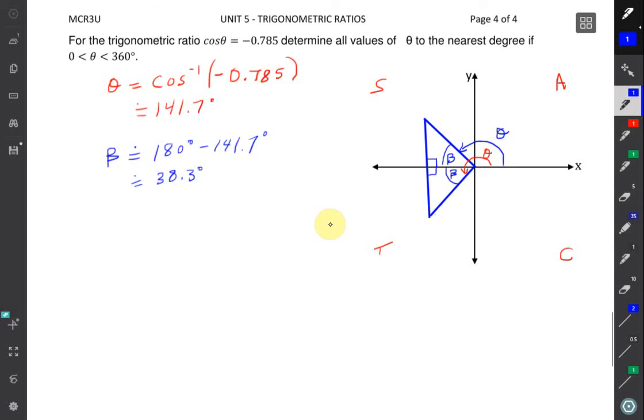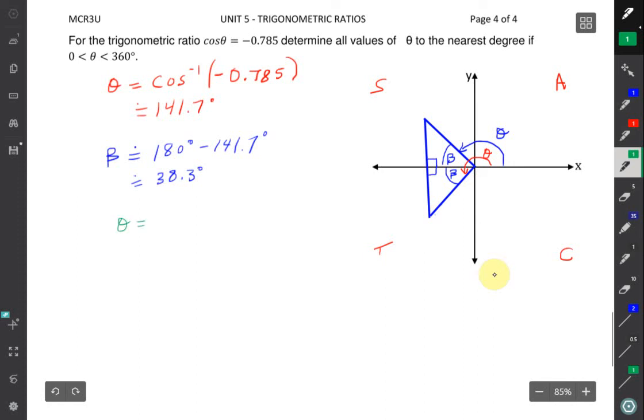Finally, to get this last value for theta, right here, I will need to take 180 and add 38.3.